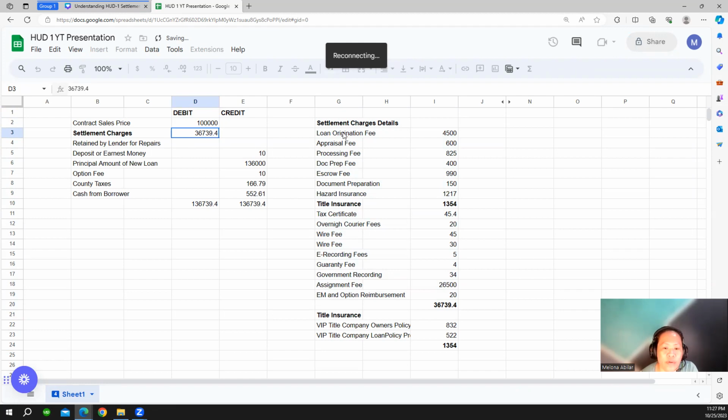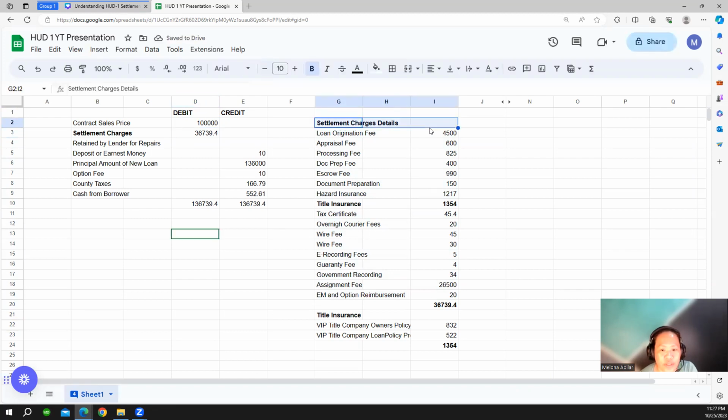Now you or your client should talk to your tax preparer or your accountant and see if there are items in the settlement charges that can be expensed, so they will not be capitalized. For example, the loan origination fee can be amortized, so some part of this amount will be expensed during the taxable year.